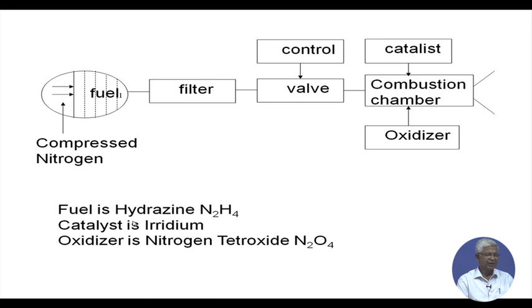Generally this fuel is hydrazine, the chemical compound N2H4, the catalyst is iridium, and the oxidizer is nitrogen tetroxide. This is a typical arrangement. There may be many other combinations.